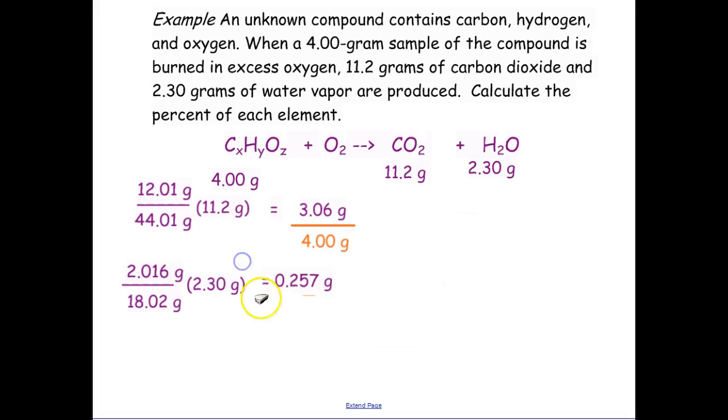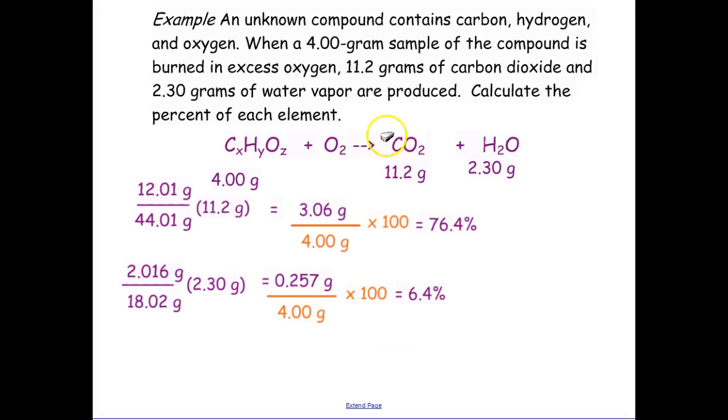By dividing them both by the original mass of the compound, I can find the percents of carbon and hydrogen. So I have 76.4% carbon, 6.4% hydrogen, but I still don't know the oxygen.